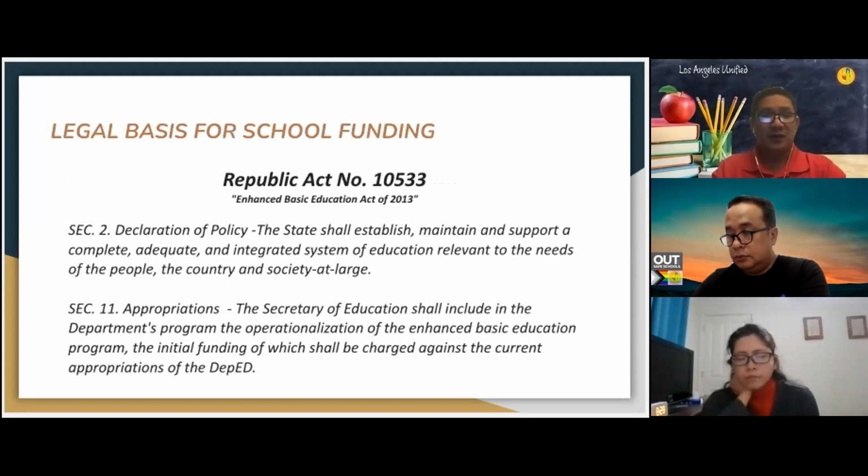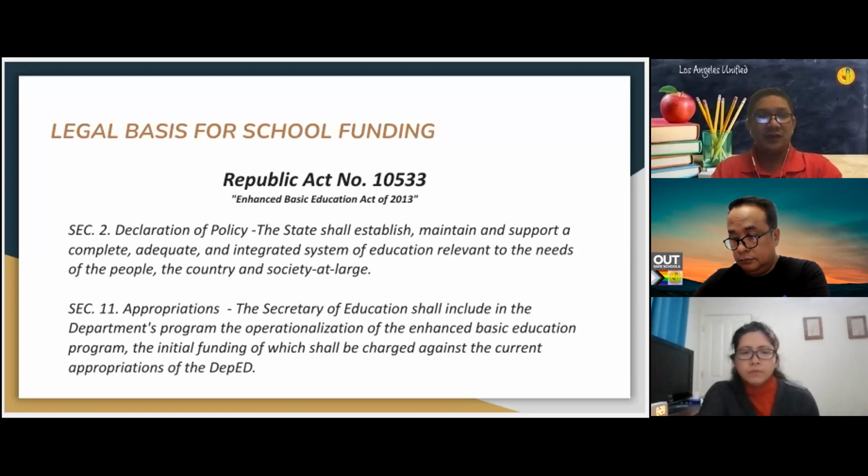So number one is the Republic Act number 10533, which is also known as the Enhanced Basic Education Act of 2013. So this act enhances the Philippine basic education system by strengthening its curriculum and increasing the number of years for basic education, appropriating funds therefor and for other purposes.